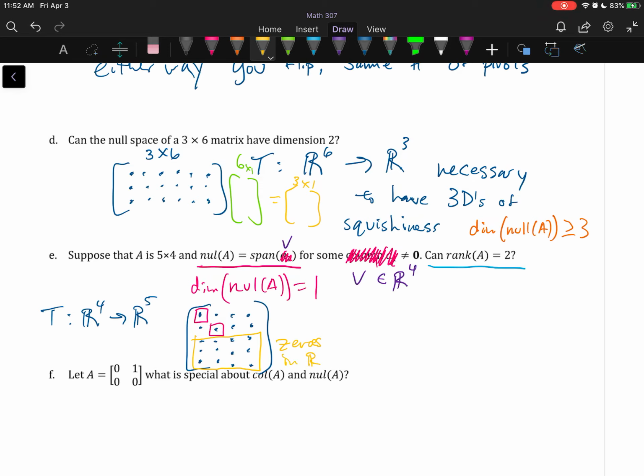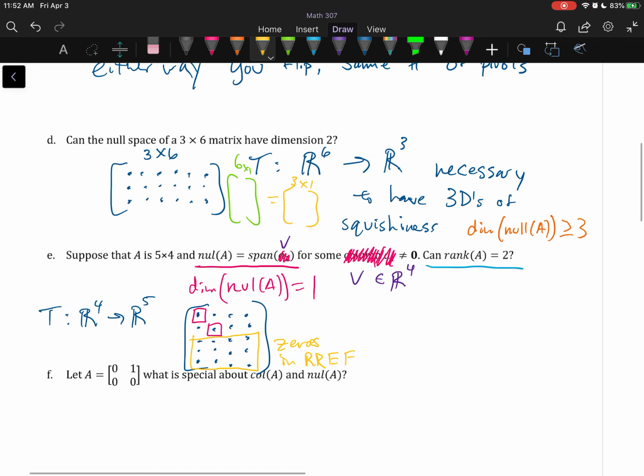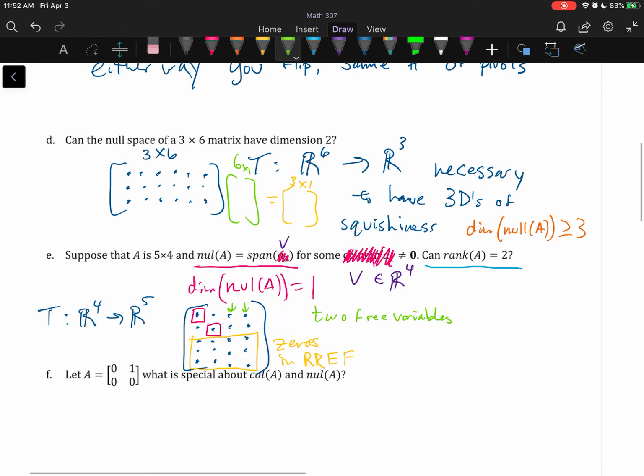And no, not that kind of R. I don't need the fancy R. R, R, E, F. And therefore, we would have 2 free variables, and that means a two-dimensional null space.